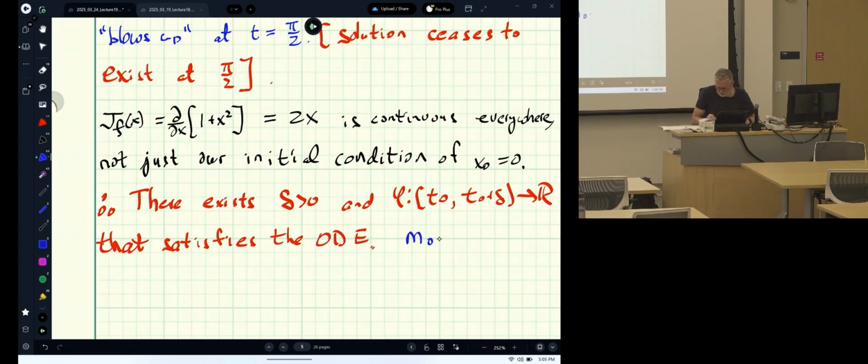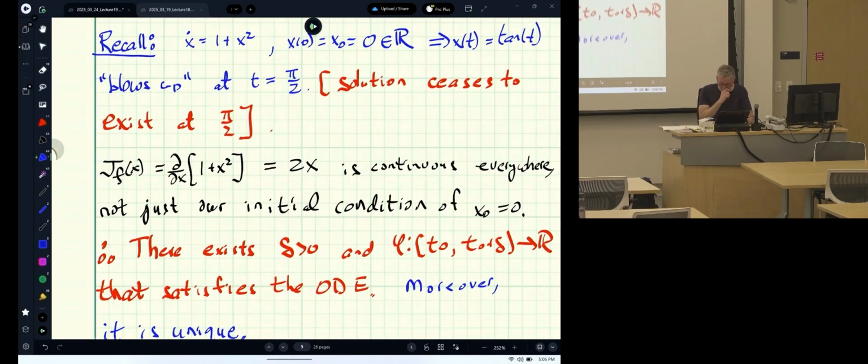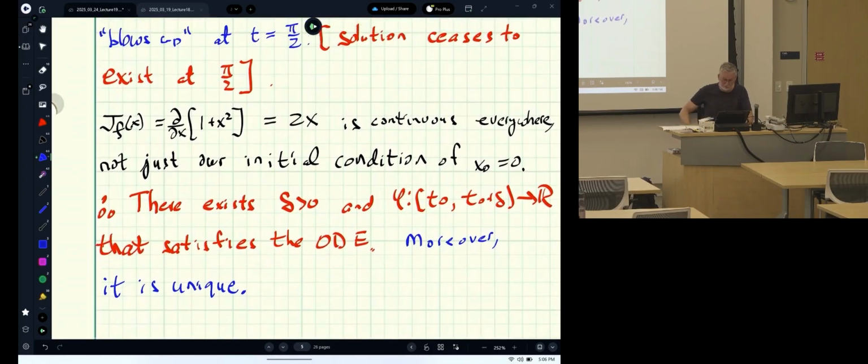Moreover, it is unique. There's not another solution. Okay, so this is super powerful. You just calculate a Jacobian and you look, is it a continuous function? Doesn't have any jumps in it, near the point of interest to us.